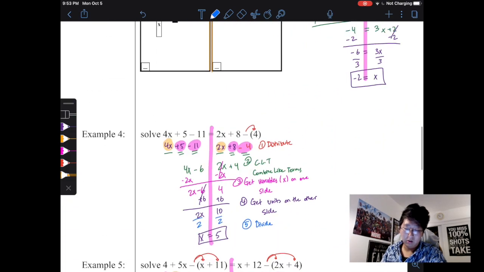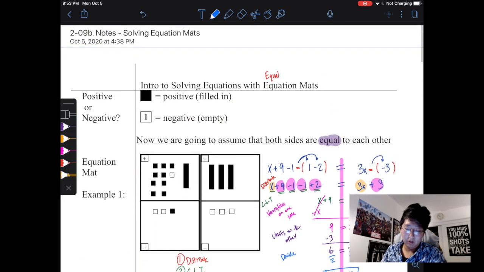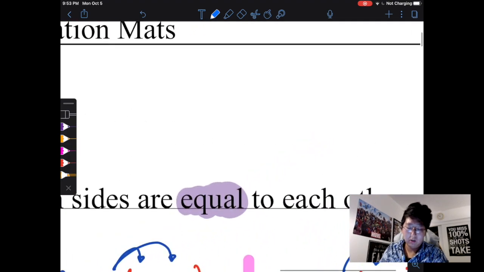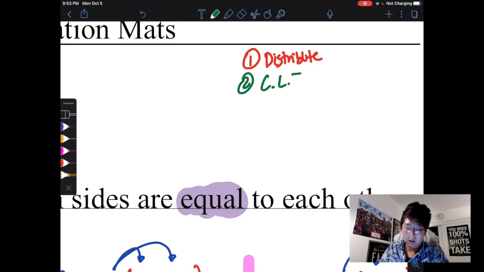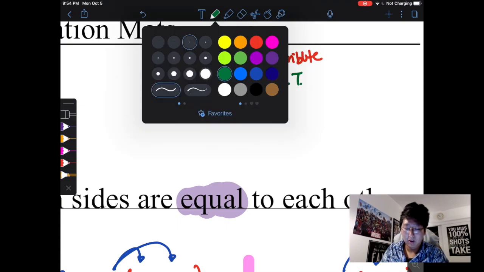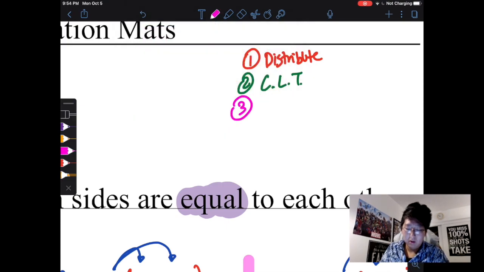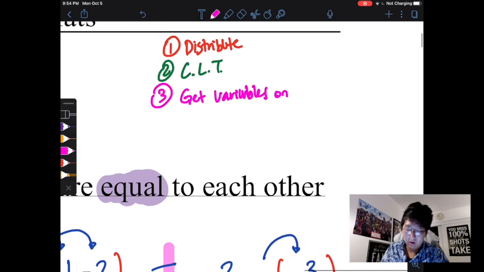Okay, so here's a little recap. I'm going to write it up here, and I'd like you to write it as well. First step, distribute. Second step, combine like terms. This is not new, we've been talking about these first two steps. The third step is get variables on one side.